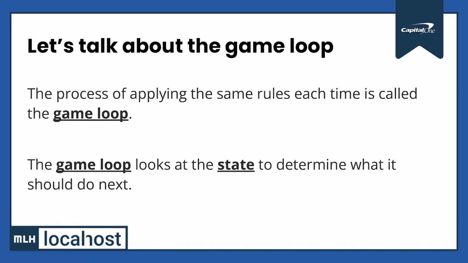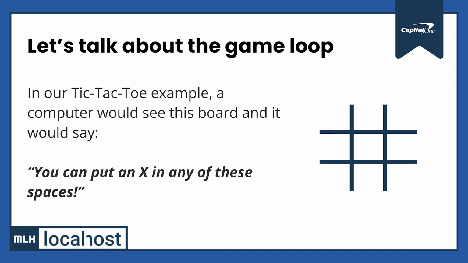Let's also talk about another concept you need to understand for this video. Let's talk about the game loop. The game loop is the process of applying the same rules every time. The game loop looks at the state to determine what it should do next. So let's talk tic-tac-toe again. For example, a computer would see a tic-tac-toe board and it would say, you can put an X in any of these spaces.